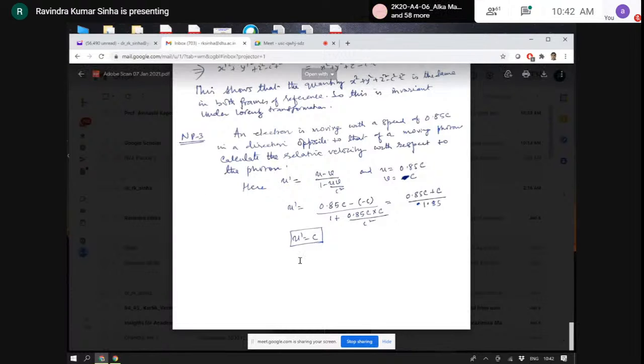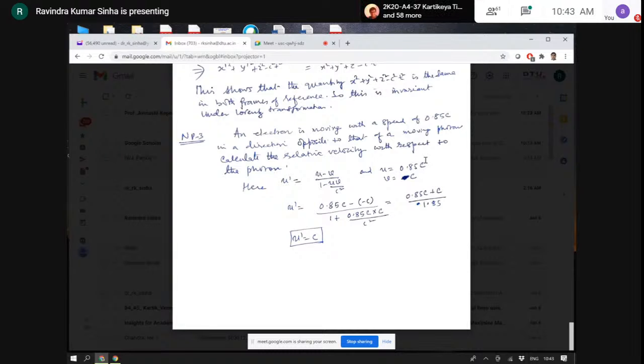So since the photon is approaching, had it been classical physics or Galilean transformation, we could have said that 1.85 c will be the velocity.